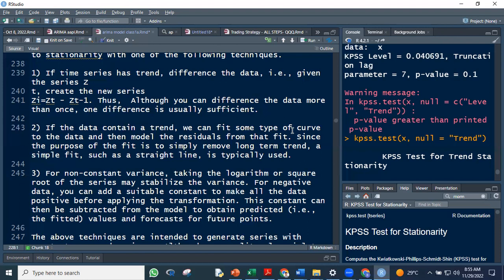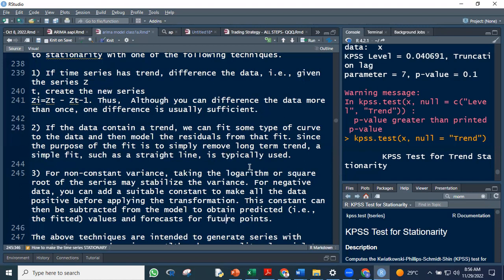But we cannot do that if the time series is not stationary, so we have to do some transformation. Also, if the data contain a trend, we can fit some type of curve to the data and then model the residuals from that fit.